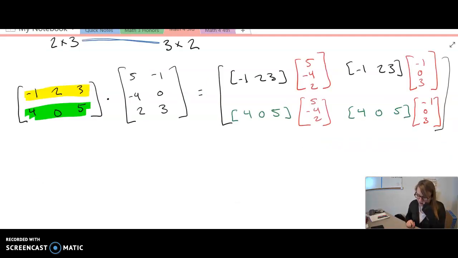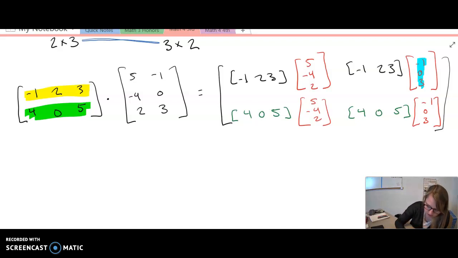So this is what your matrix should look like, and I realized as I was doing the work myself, this was wrong, but I fixed it, okay? So make sure you write that down right. Alright, so now we're going to do the 1 by 1s and get our matrix.